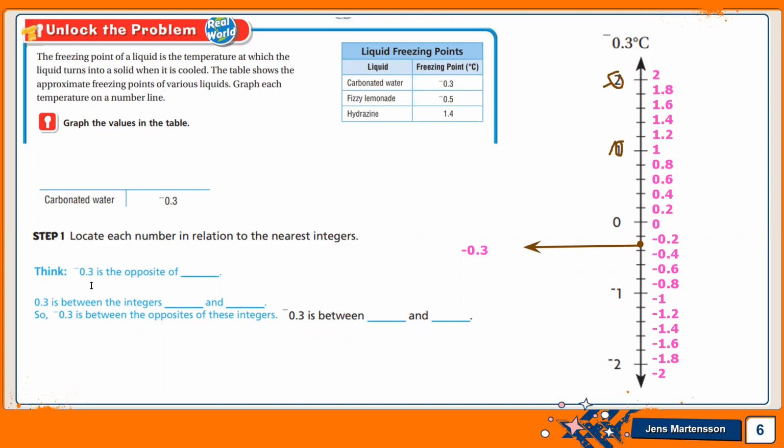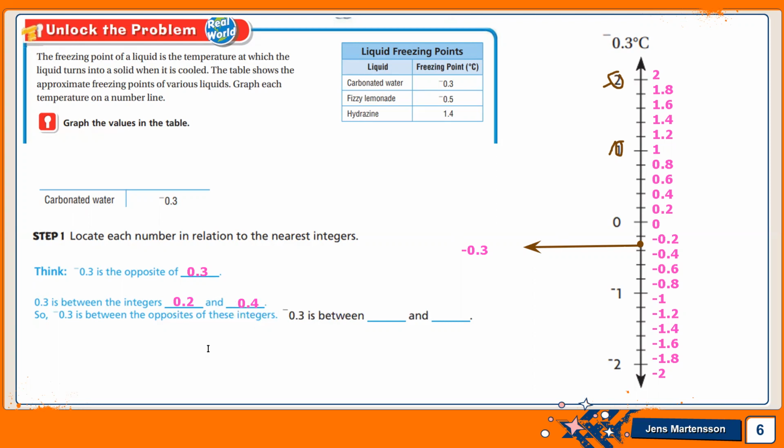Now, negative 0.3 is the opposite of what? 0.3. To understand it more, 0.3 is between which two points? Positive 0.2 and 0.4.